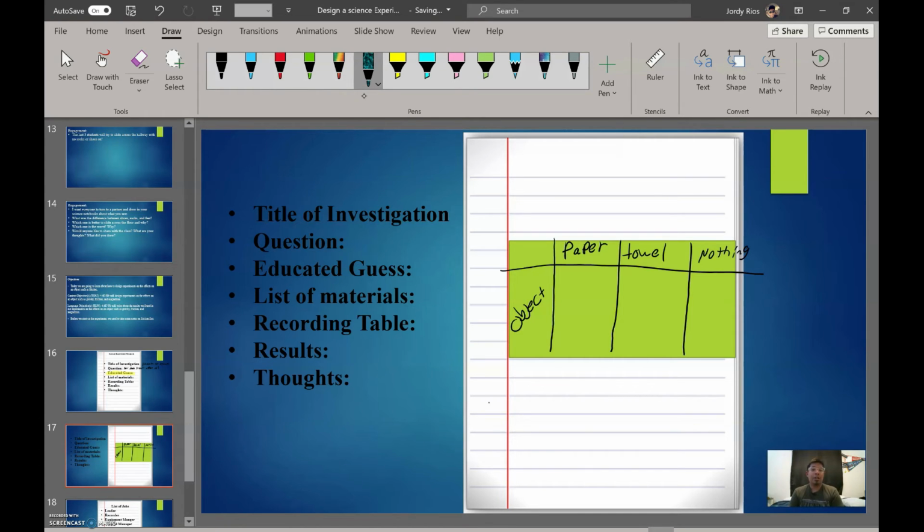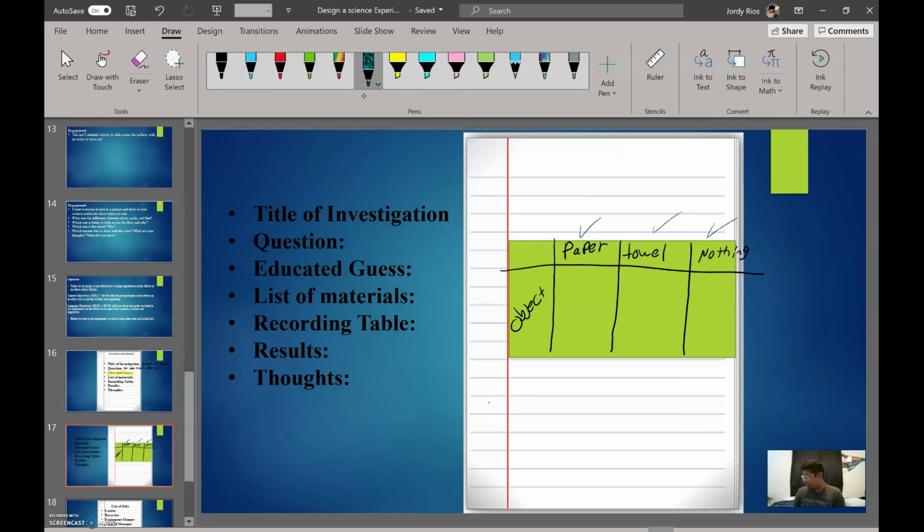So it could be an upside down desk, a chair, a stack of textbooks, anything kind of heavy. Next, the materials you're going to be using is butcher paper. Please don't rip that. A towel. Please don't rip that. And then nothing. That's what your recording table is gonna look like.